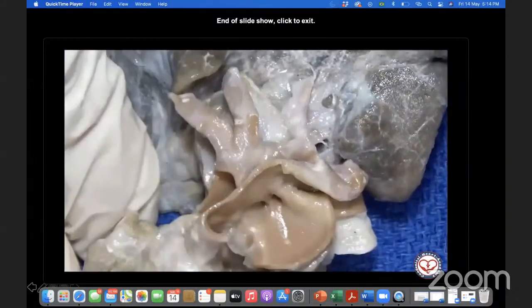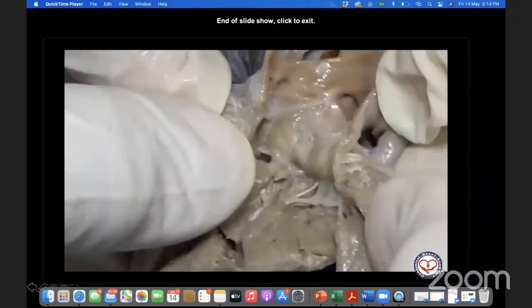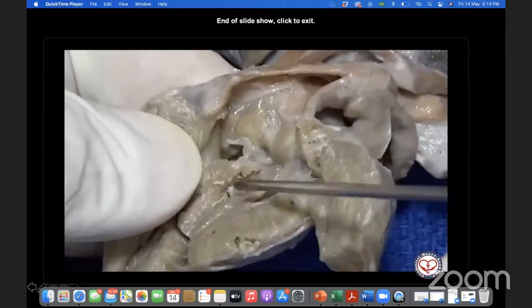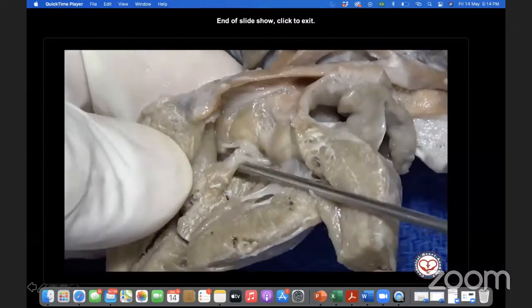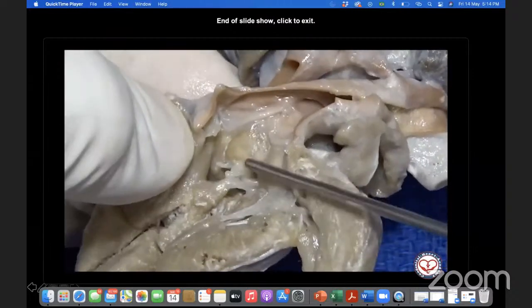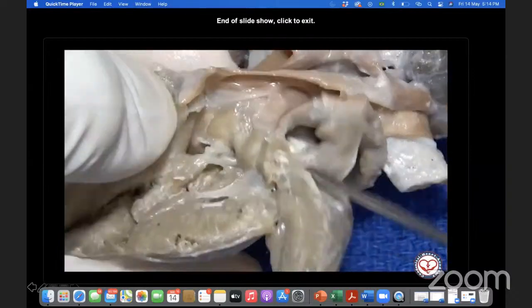So when we look at the left side of this heart with transposition, here we see that papillary muscle straddling the septum with the tricuspid valve straddling and overriding the interventricular septum.